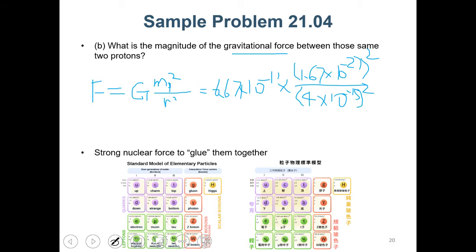The r will be the same, and this is the mass of a proton, and this is the constant G in the gravitational force. So the answer should be 1.2 times 10 to the minus 35 newtons.